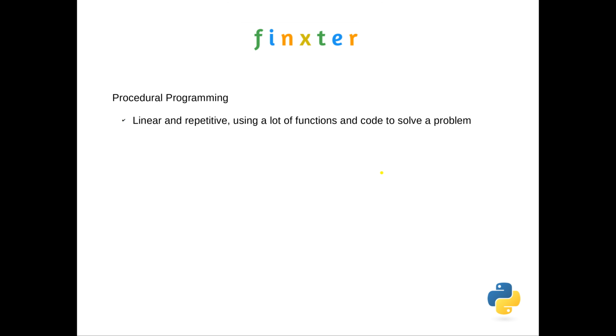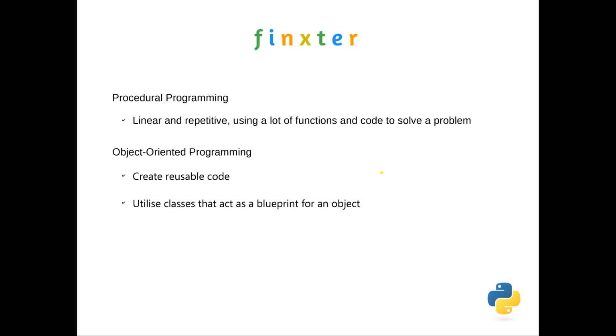So it does work. It's the way we all start, but it's much better if we can get into using the power of Python and object-oriented programming. Effectively, that's about creating reusable code. We're utilizing classes, which act as a blueprint for an object. So it's a template. That class will then have variables, attributes, and methods which we can apply to an object.